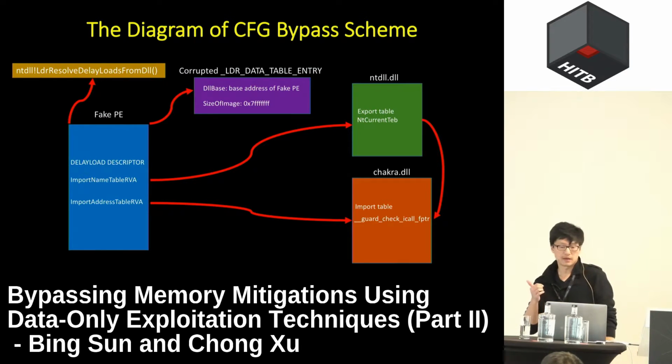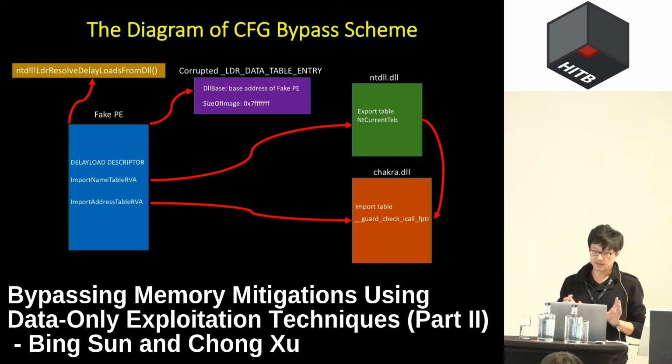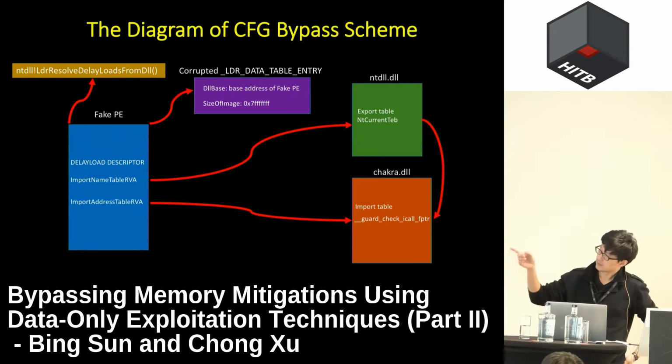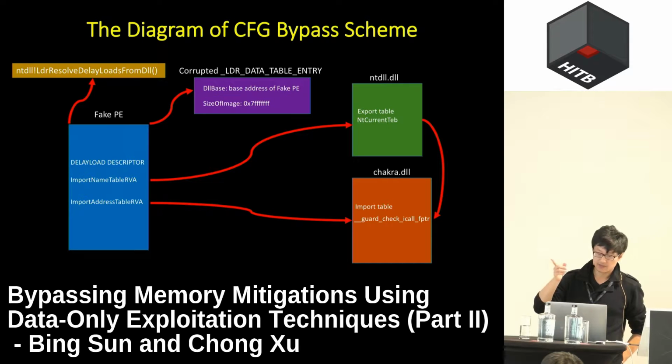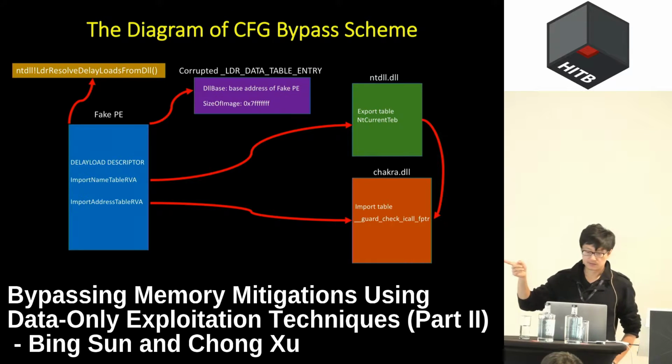Now, this diagram can help us get a high-level understanding about what happens. The blue rectangle is our fake PE created in memory. It has a malformed delay load descriptor inside it.